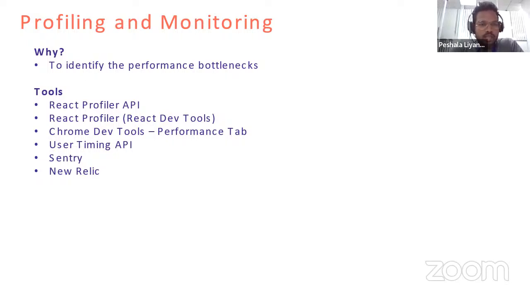For that, we have several tools to profile and monitor these applications. One is the React Profiler API and React Profiler, which comes from the React DevTools, Chrome DevTools, User Timing API, Sentry, Neuralink. Okay, so let's talk about these separately.